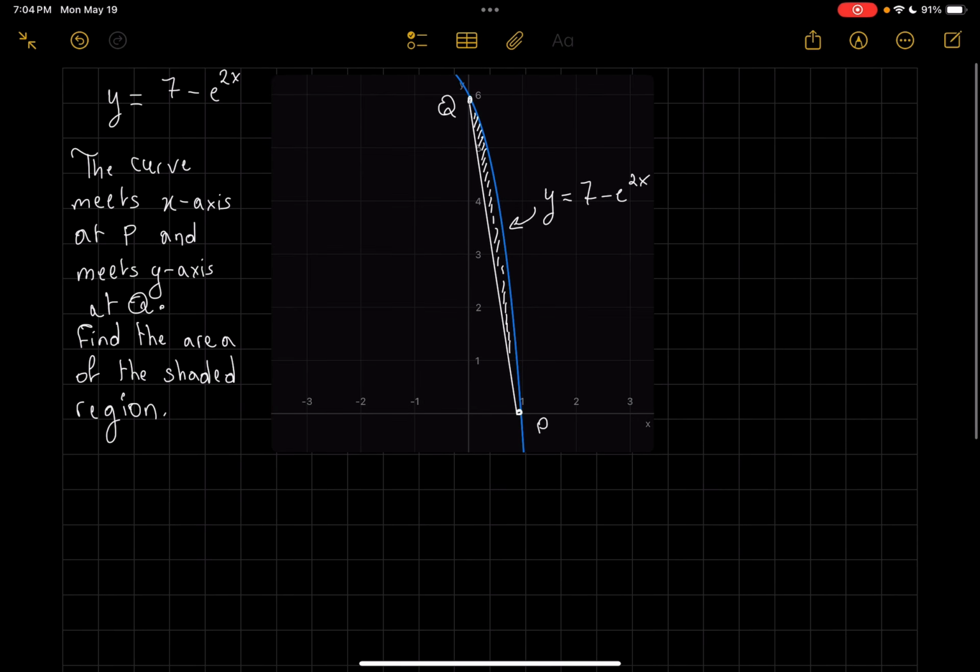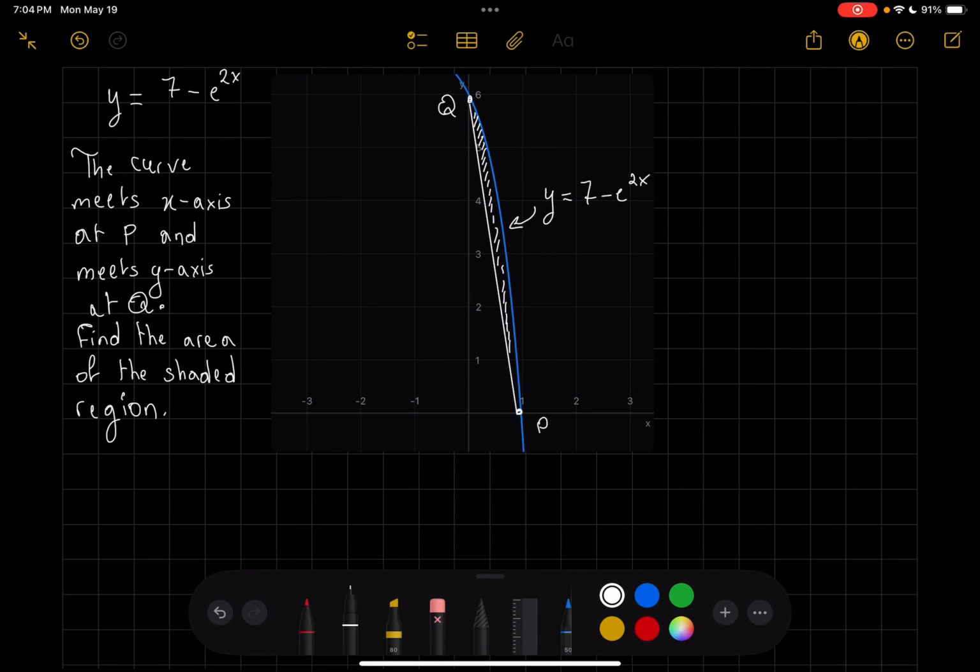Now, if you look closely at this graph in front of you, if you want to find the integration from, I believe, 0 to 1 over here, that means you're going to find the integration for everything. But we don't want to find the integration for everything.